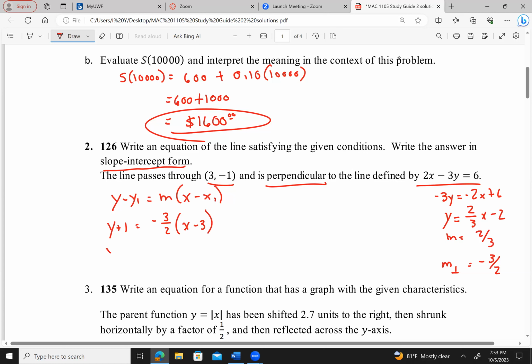So I have y plus 1 equals -3/2 x plus 9/2. Subtract 1 from both sides, which is 2/2. And I have y equals -3/2 x plus 7/2.